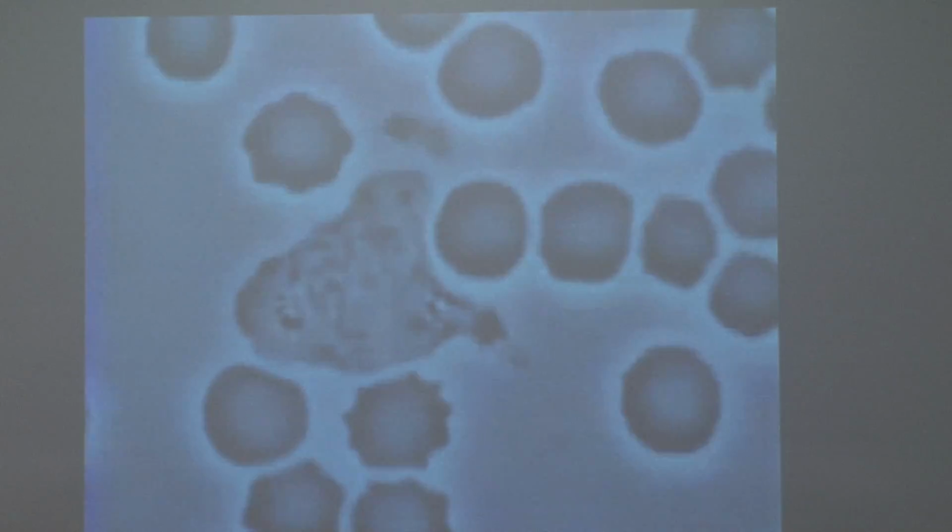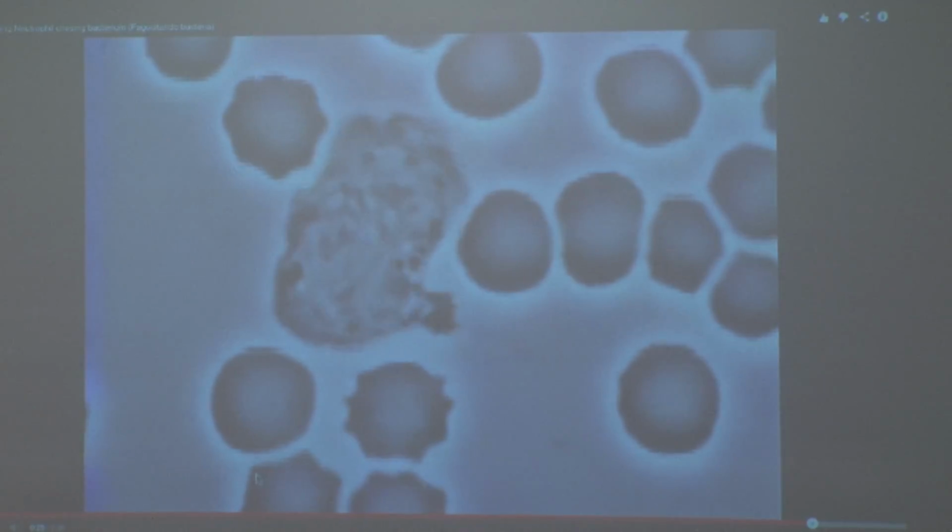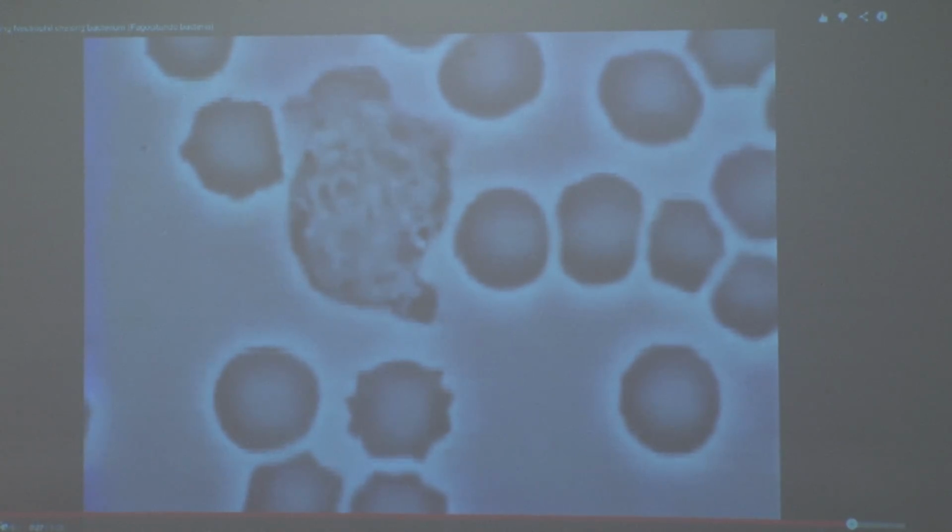All right, so I'm going to play that over again because it's pretty cool. The features that you want to try to pay attention to: this is a single cell that somehow is able to track this bacterial invader. It's using chemical cues to figure out where that bacterial cell is going.